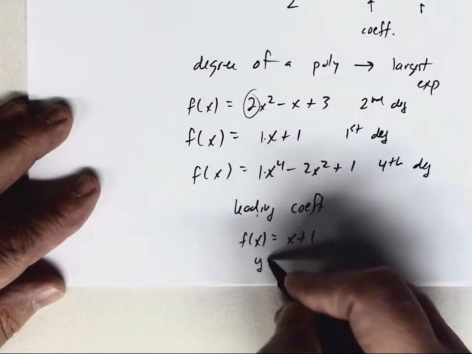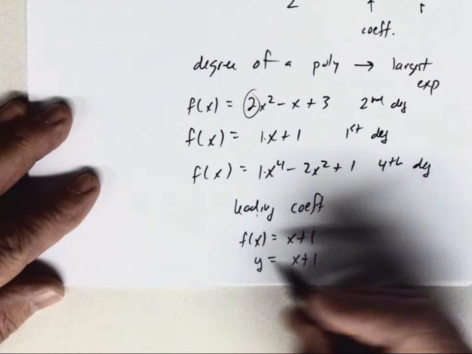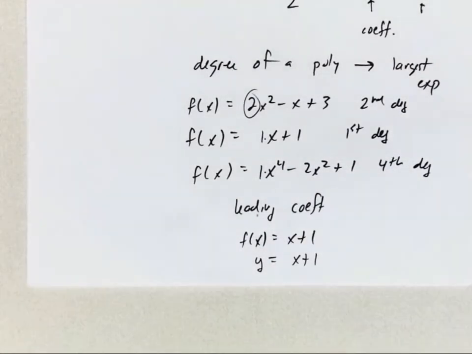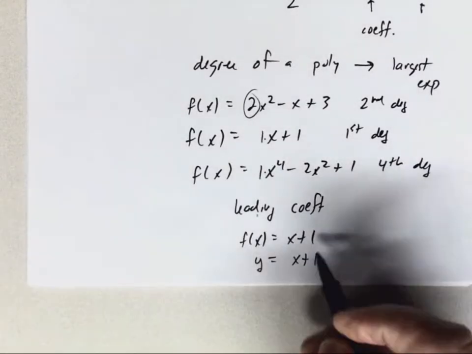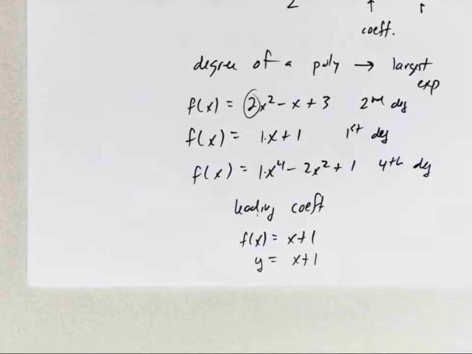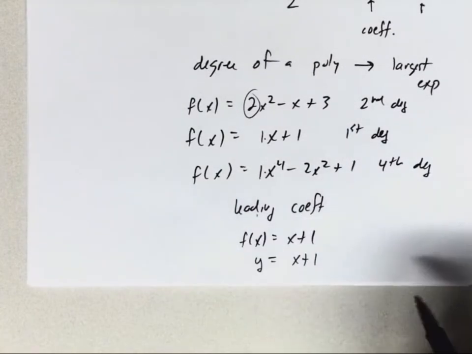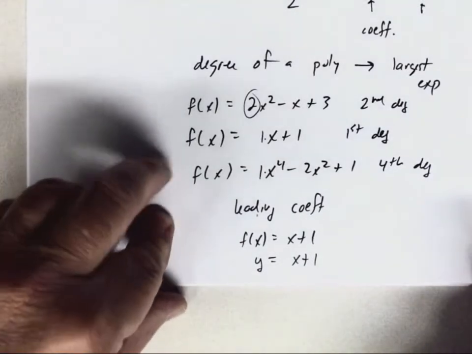Remember, and sometimes this is going to be helpful to us, you can always replace f of x with y. We're going to be doing some graphing of polynomial functions, and oftentimes it's a little more understandable if we talk about y instead of f of x. Matter of fact, the first thing I'm going to talk about, it actually makes more sense if we use y instead of f of x.